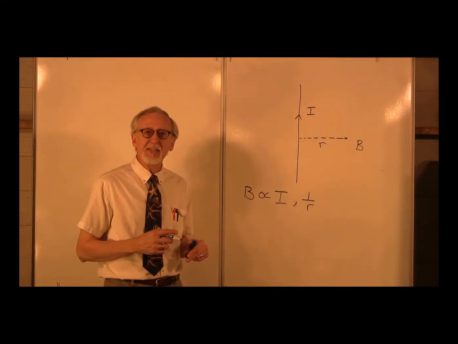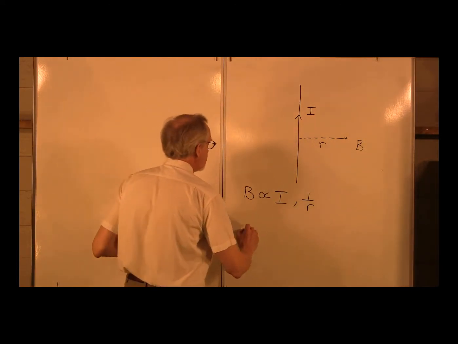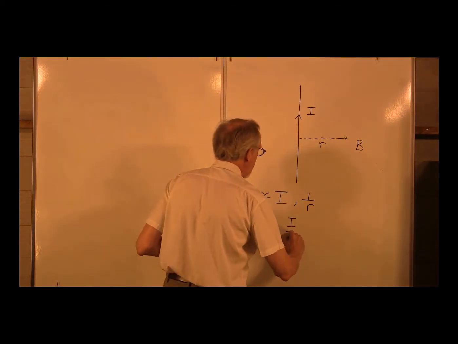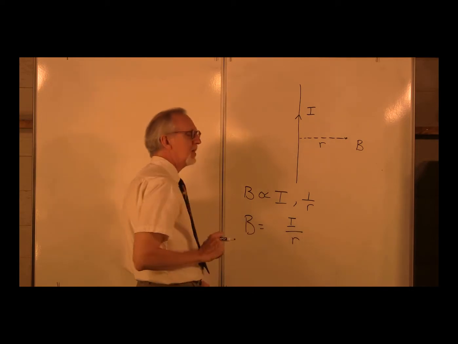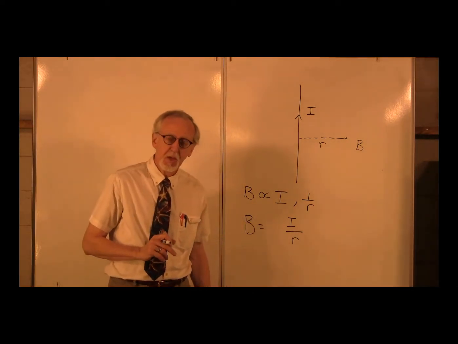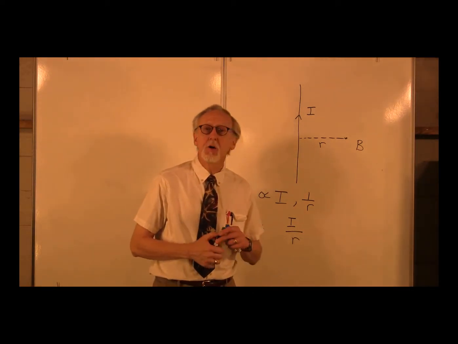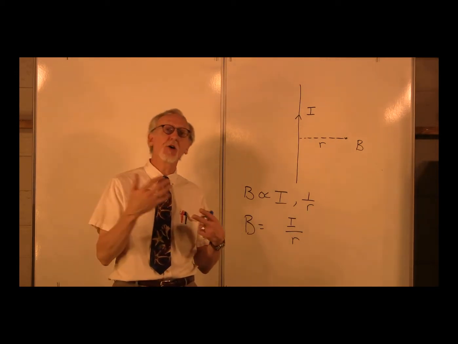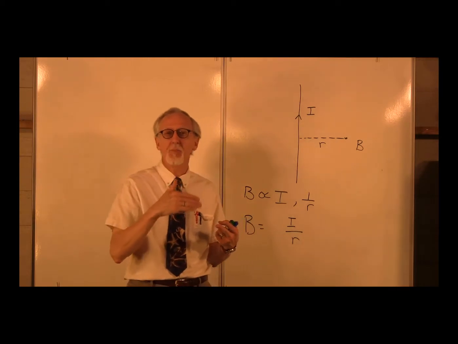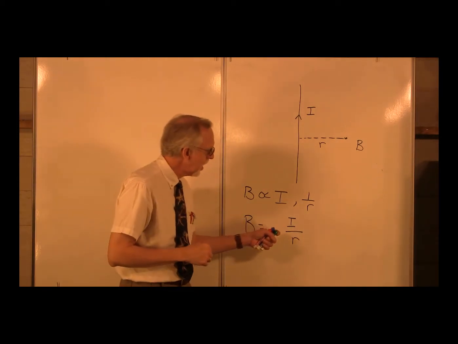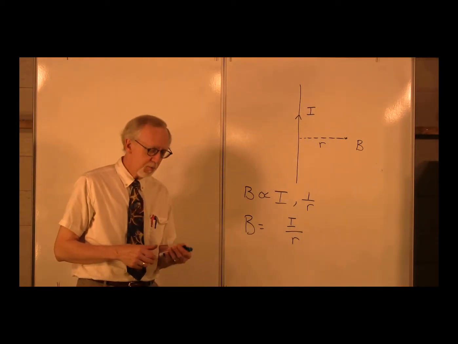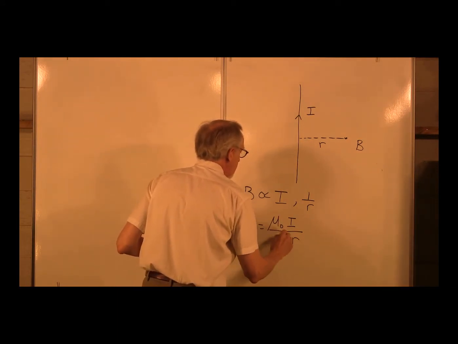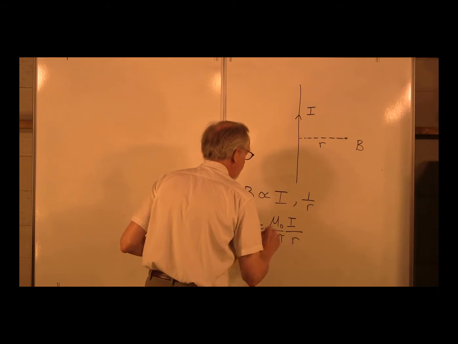We can actually write this as an equality. It turns out that B is then equal to I over r with a constant of proportionality. If you'll remember, for Coulomb's law, our constant of proportionality we wrote as k, but that could also be written as 1 over 4 pi epsilon naught. Well, the constant that we'll use for B we'll actually write as mu naught over 2 pi.